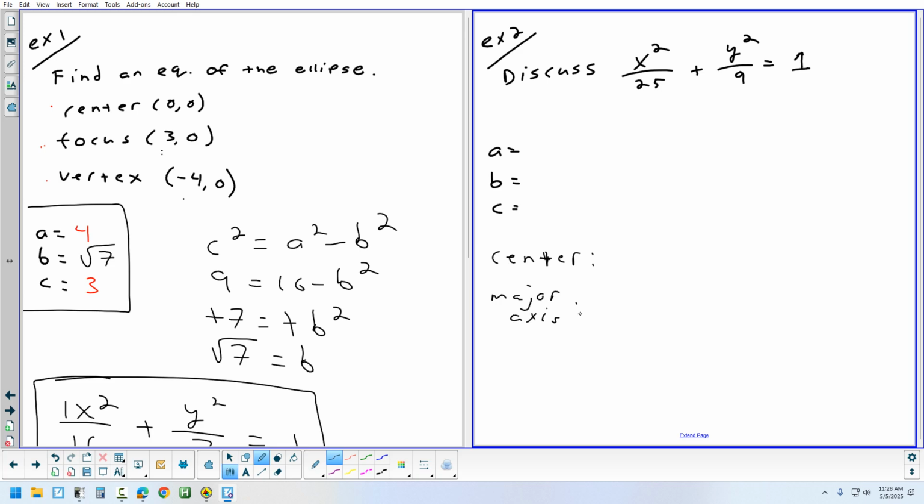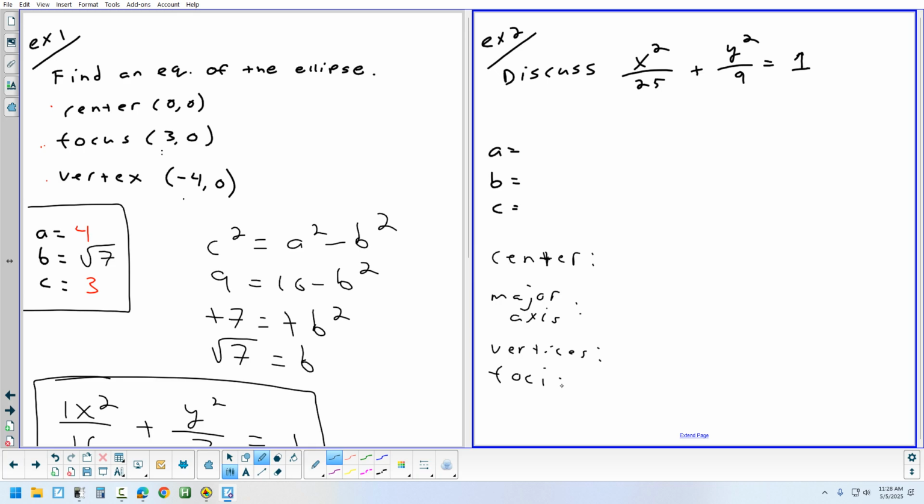Which way does the major axis go? And if you tell me that, then I automatically know the minor. Okay, so which way does the major axis go? What are the coordinates of my vertices? What are the coordinates of the foci? I think that's it.